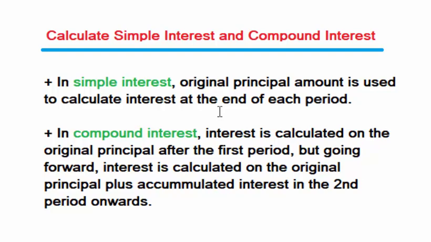But when it comes to compound interest, things are difficult because after each interest period is over, the next interest will be calculated by taking the original principal plus any interest which was earned in the previous period, making it complicated.